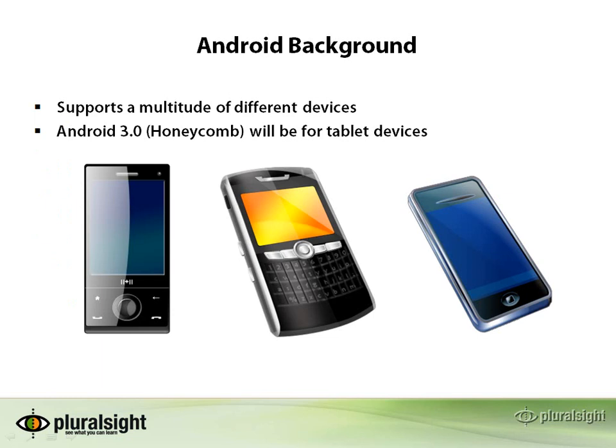Another important thing to note about Android is that it supports a multitude of different devices. If you think about some of the other platforms like BlackBerry or iPhone, there's really one or two devices. There's not a huge number of devices out there because the hardware vendor is controlling the OS.